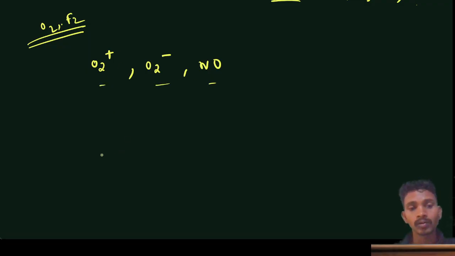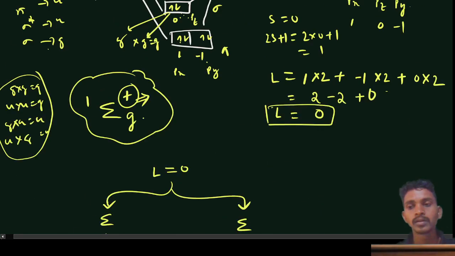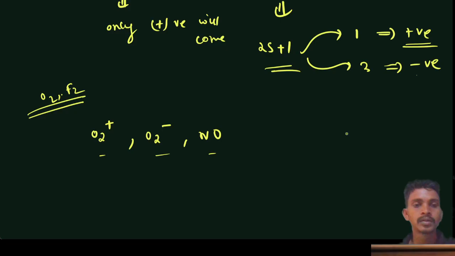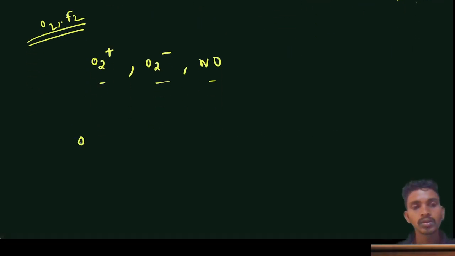For O2 I'm drawing. We know that oxygen is 2s2 2p4. Now we will not look at the s orbital, only 2p4.